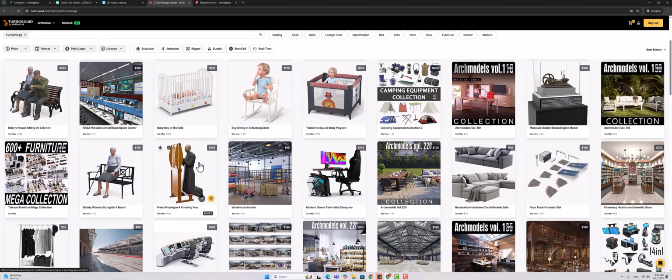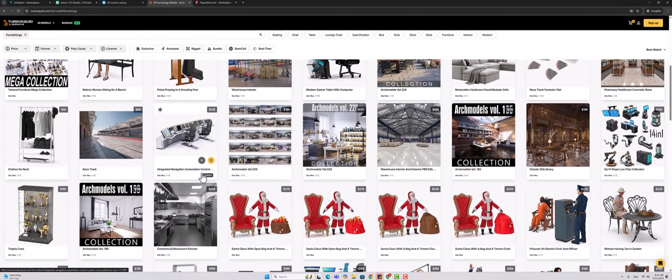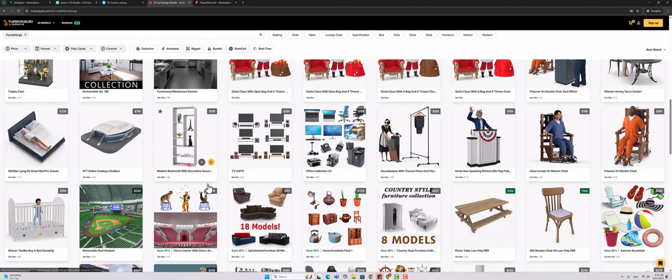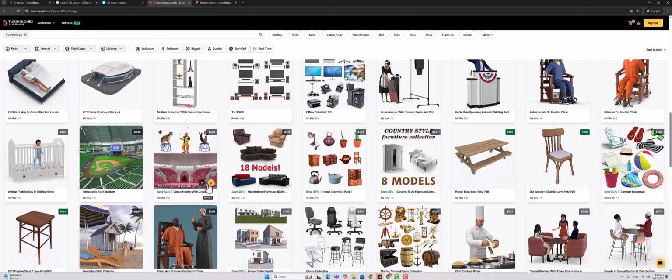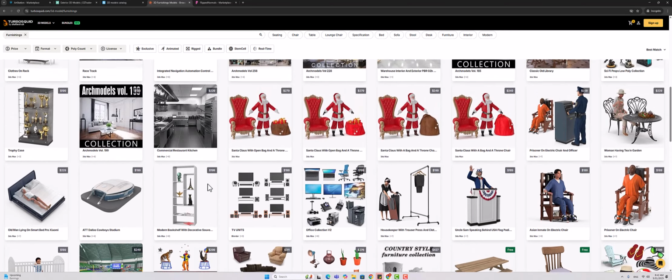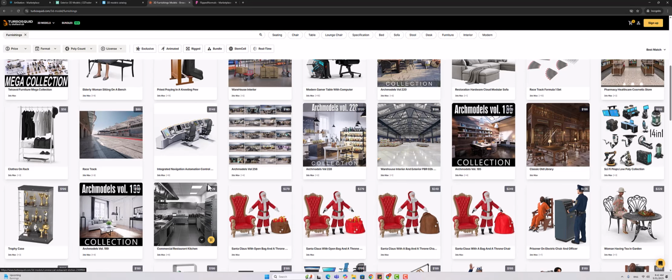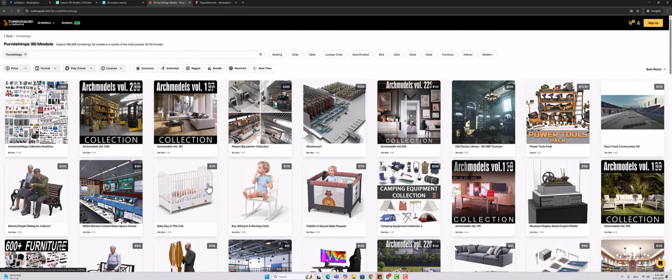The TurboSquid market is also among the general markets, like CGTrader, which means that architecture works and games are also for sale. But my experience in the CGTrader market has been more successful than in TurboSquid.